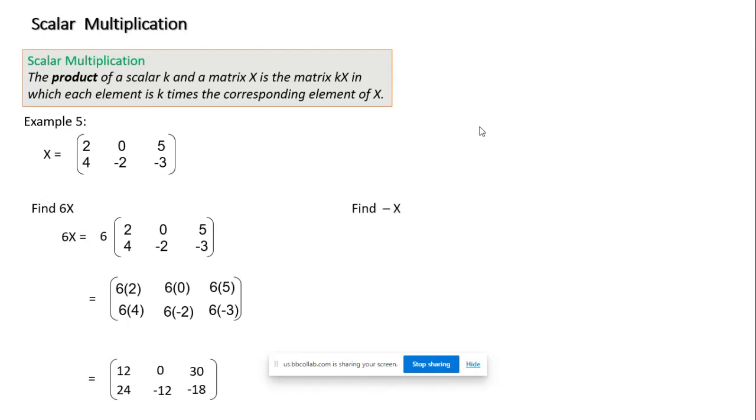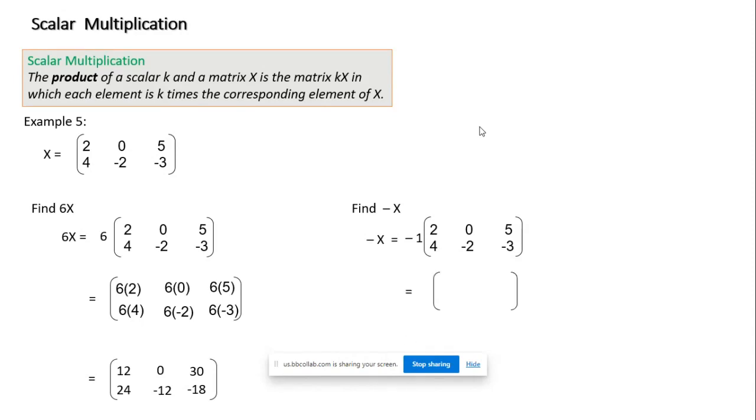Okay? All right, what if I want to find negative X? What that is saying is I want to multiply a negative 1 to matrix X, right? So that's what that means. So I'm going to multiply a negative 1 to my matrix X, which is again 2, 0, 5, 4, negative 2, negative 3. But this is also a scalar multiplication. I'm multiplying that negative 1 to each element in that matrix.